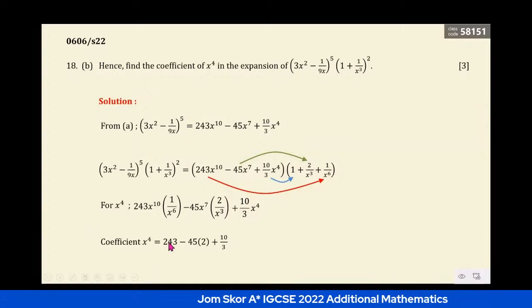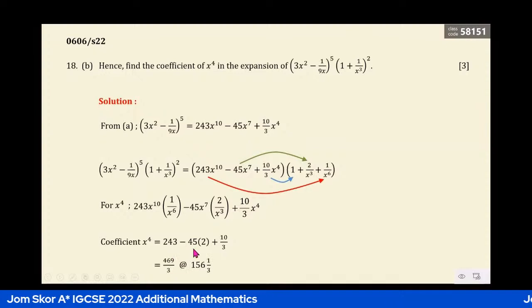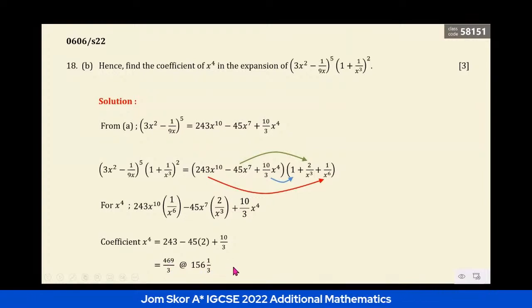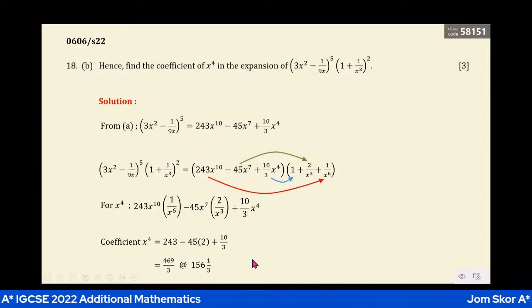Okay, so we simplify this to get the coefficient of x to the power of 4, which is equal to this. You can give your answer in this form or in this form. So avoid giving the answer in decimal number because that is not accurate actually.